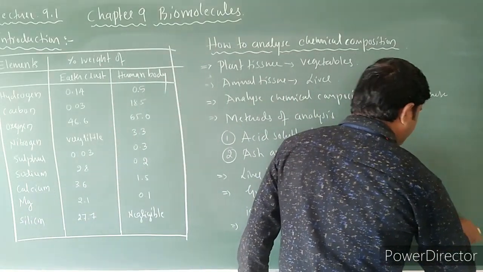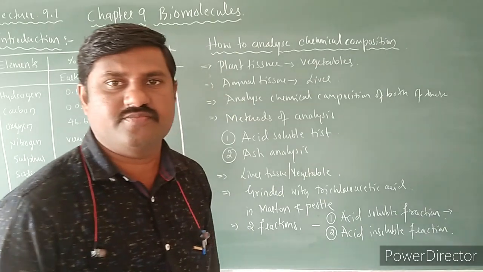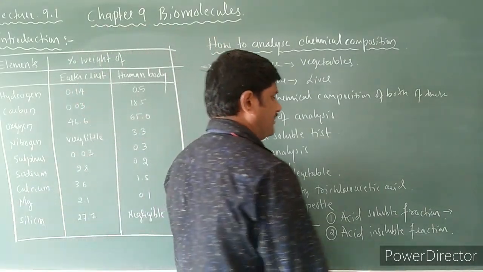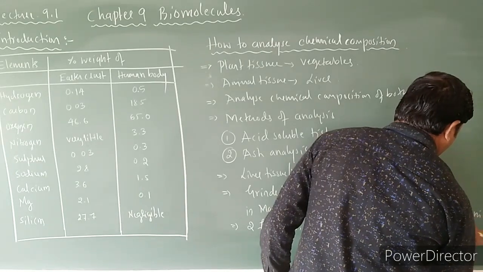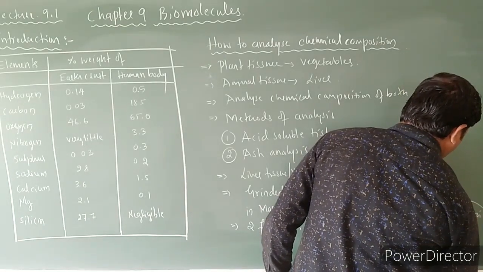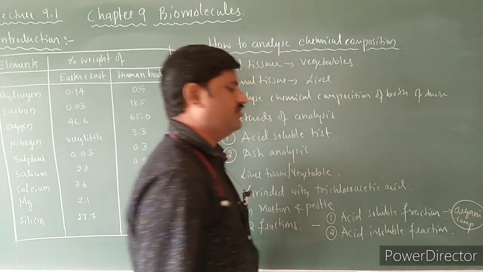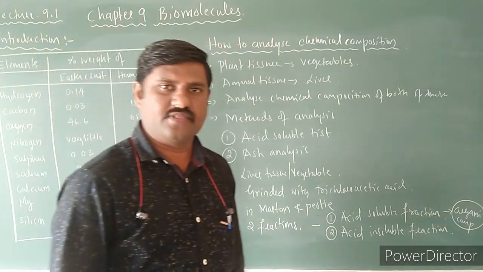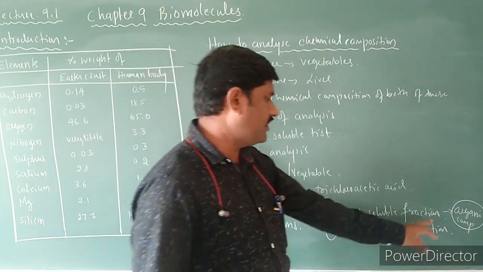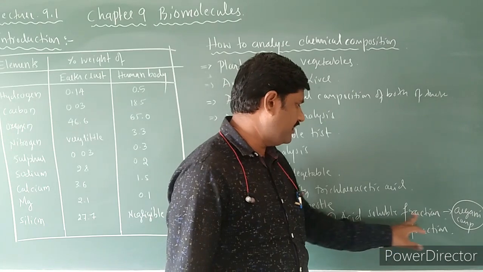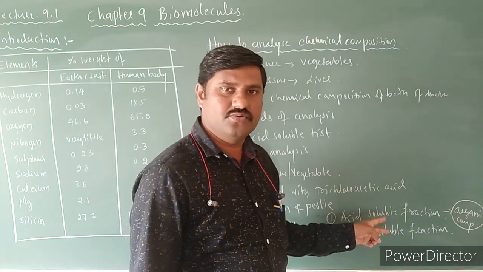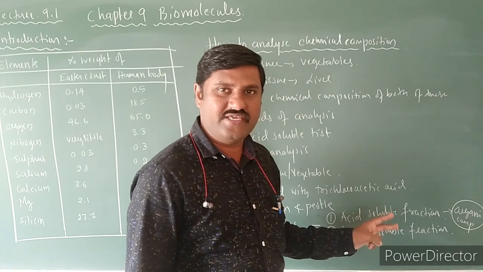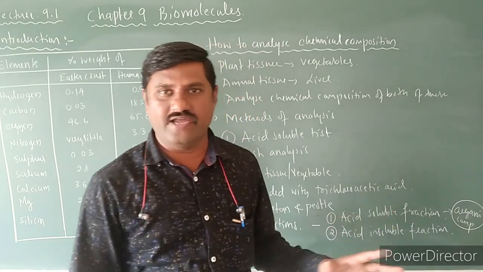In animals or in living systems, maximum organic compounds are found in the acid soluble fraction itself. So there are two fractions that we come across when the tissue is ground.